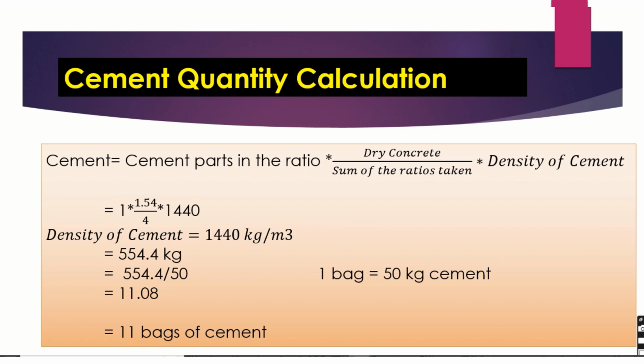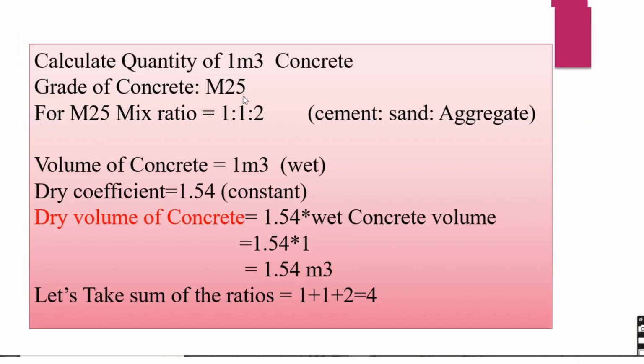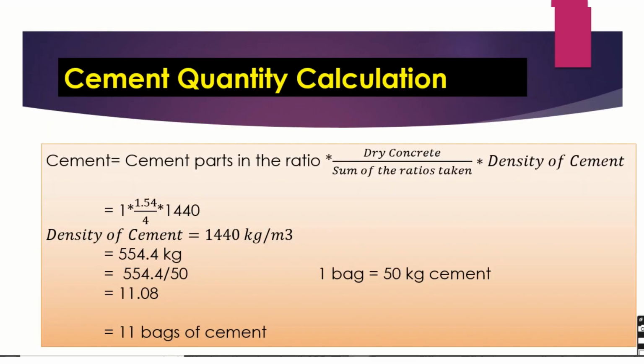First we need to know the cement parts in the ratio. Here we can see this is the cement part, this is the sand part, this is the aggregate part. So the cement content is 1.